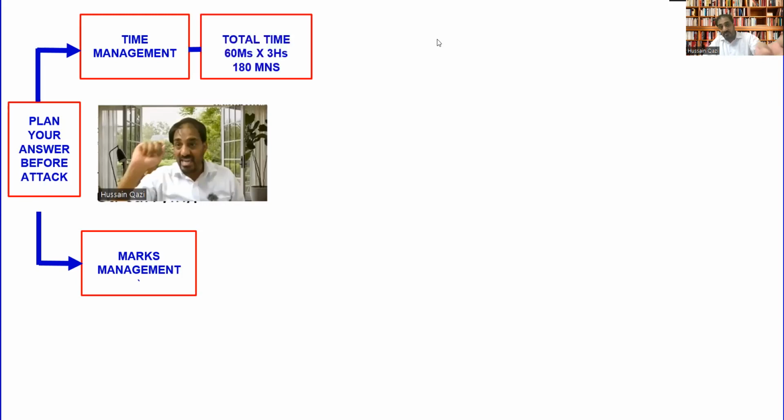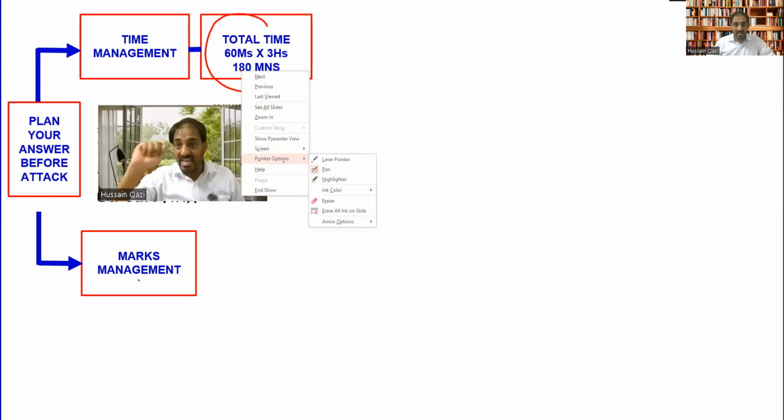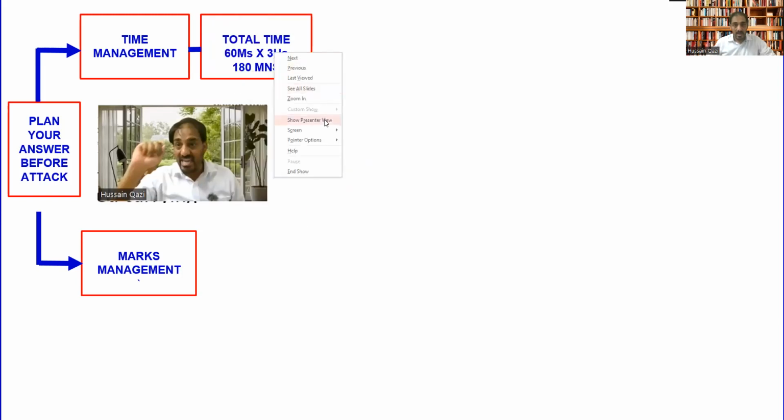Now, for time management, listen carefully. You have a total of 60 minutes per hour, into 3 hours is equal to 180 minutes.